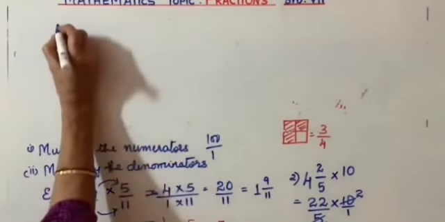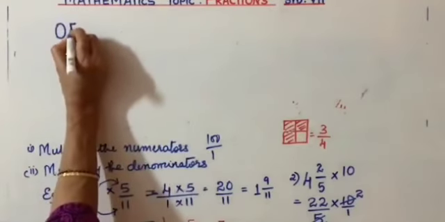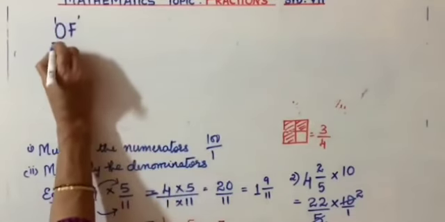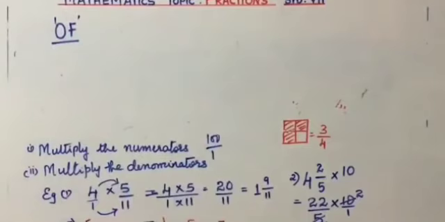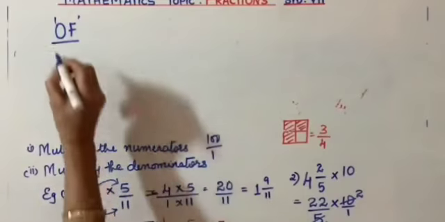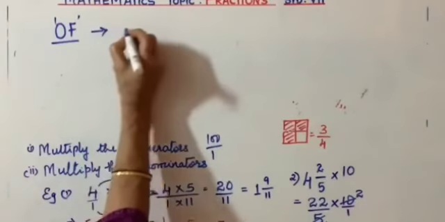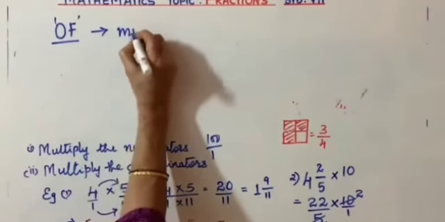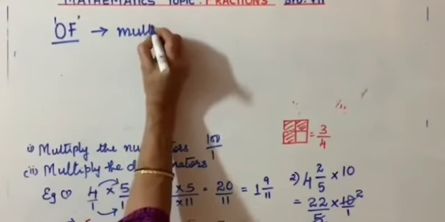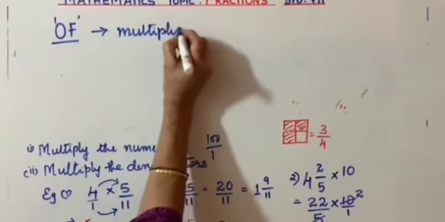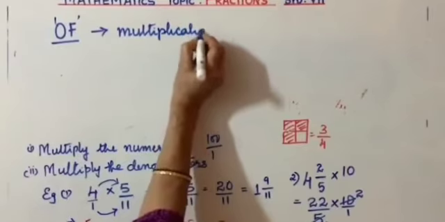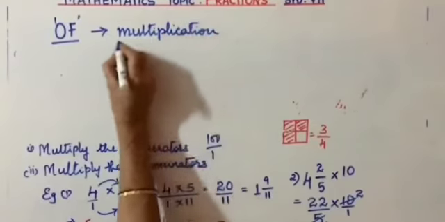That means of. Suppose we have of in our problem. What to do? What does of represent? Children, you all remember last year we learnt what of means. Of represents multiplication. You remember? Of means multiplication.